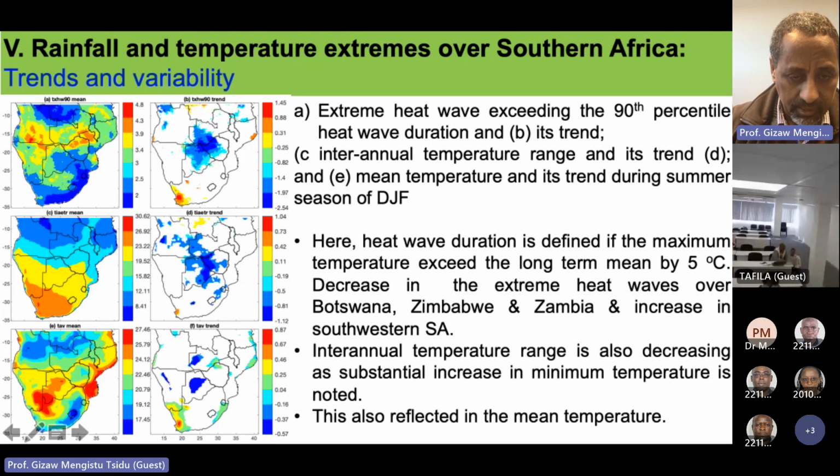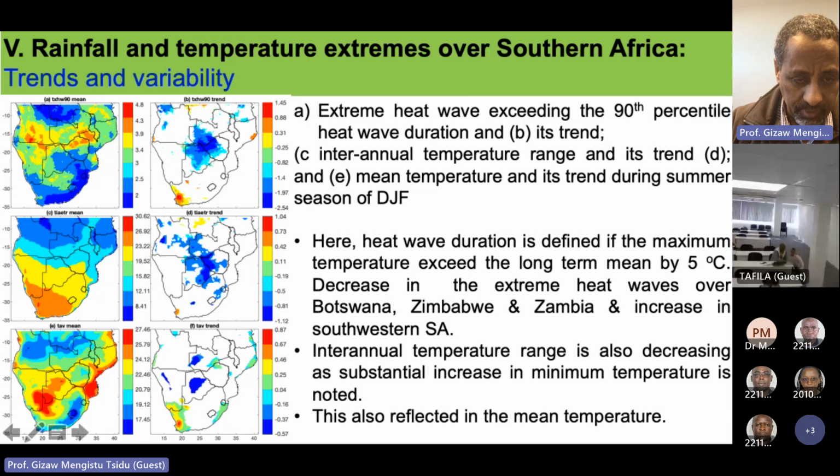You can see the trend is shown from here, from minus 0.57 blue color to red here, 0.87. So basically the red means there is a temperature increase, and blue means there is a temperature decrease. So the mean temperature is decreasing over Botswana, and also over Zambia.